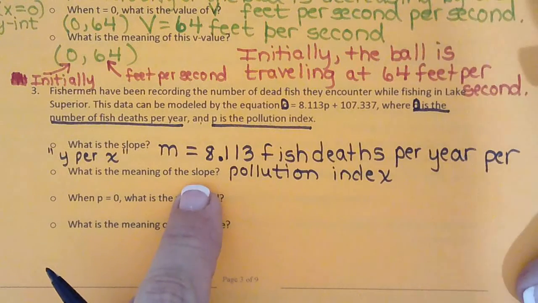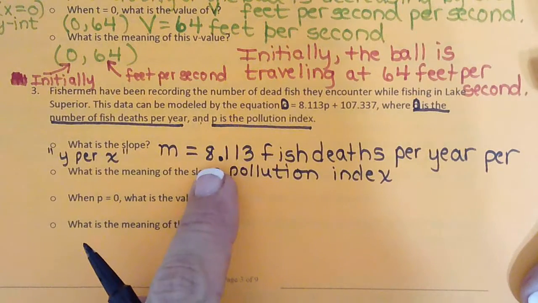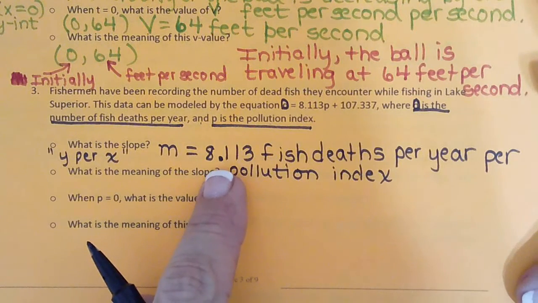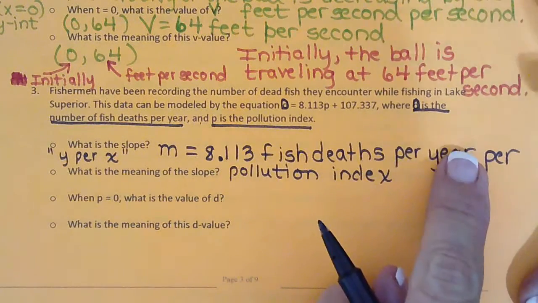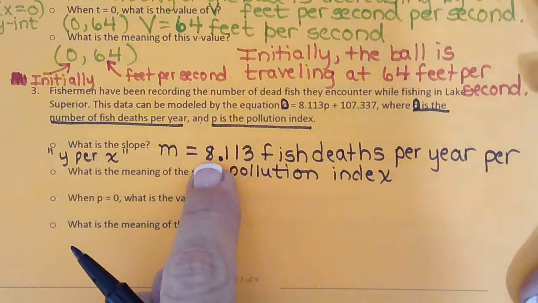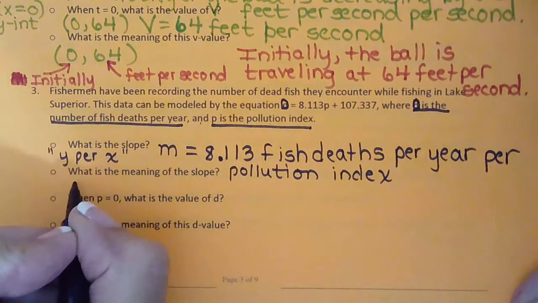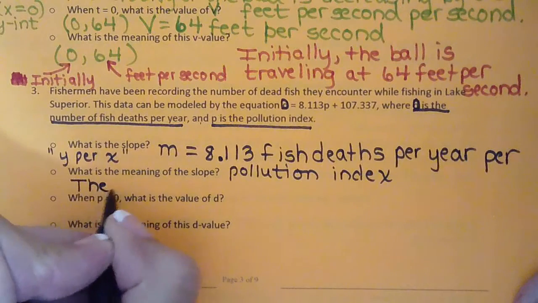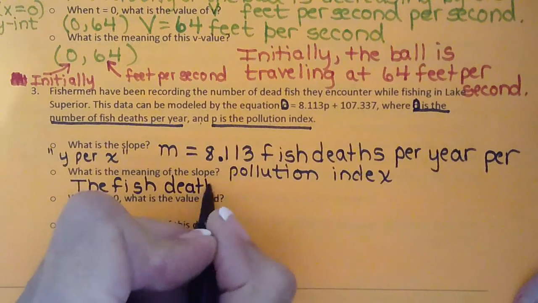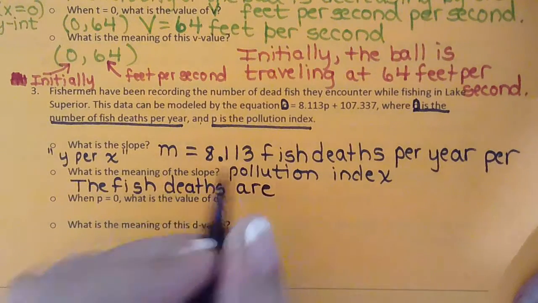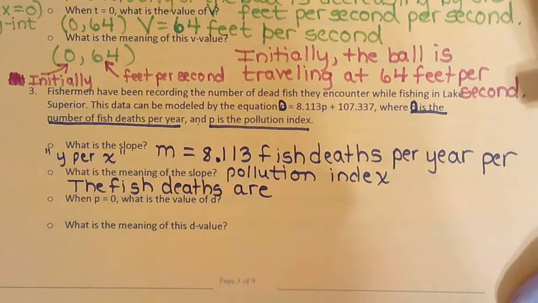What is the meaning of the slope? So the fish deaths are increasing by 8.113 per pollution index. So when it's positive, we have to say increasing. When it's negative, we have to say decreasing. So the fish deaths, so that means the more polluted the water is, for each increase in the pollution index, approximately 8 more fish die per year.